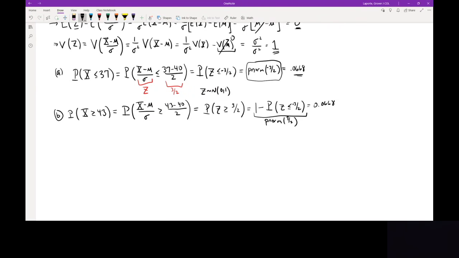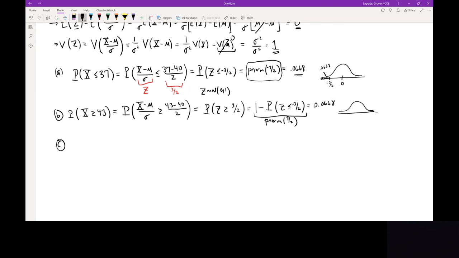All right. And then finally, part C. Let me draw a picture. So I apologize, I should have drawn a picture. You're supposed to draw a picture when you do these probabilities. So this one's 0, and this one is -3/2. And the amount of probability in there is 0.0668. And then this one is the other side.